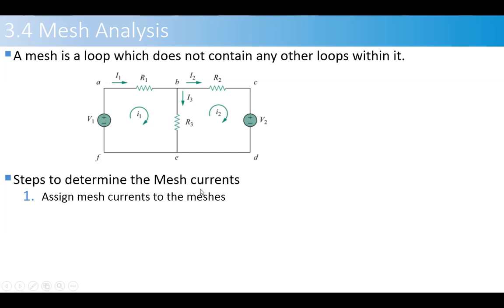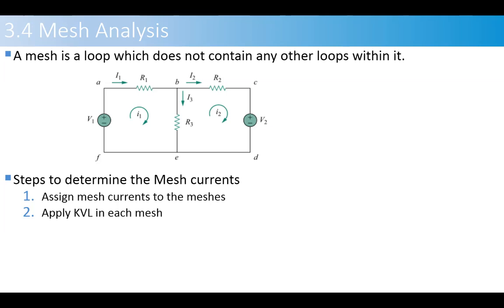You can label any mesh as number 1 and any mesh as number 2, and so on. The number of meshes determines the number of unknown currents, which will ultimately determine the number of simultaneous equations.